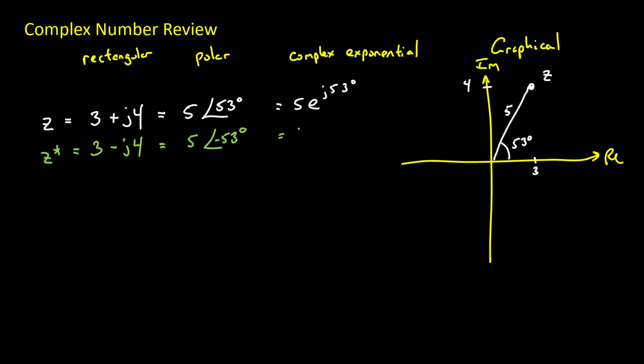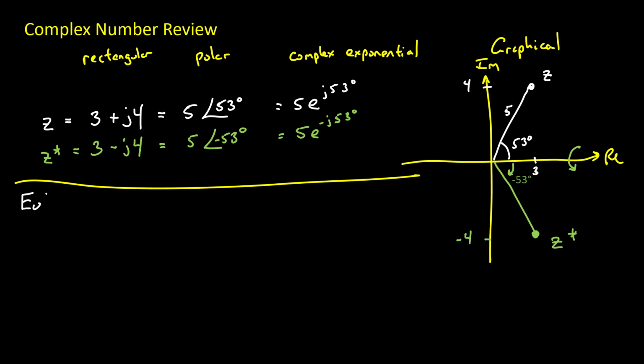Complex exponential form should be obvious by now, that's just another way of writing the polar form. And graphically, since the real part stays the same, but we invert the amount of imaginary part, you can also see that taking the complex conjugate is equivalent to rotating a number around the horizontal axis.